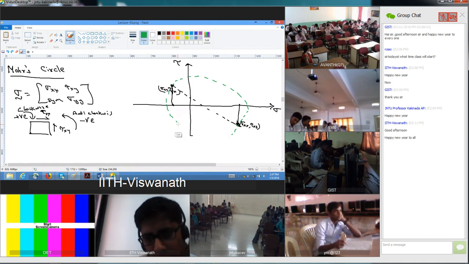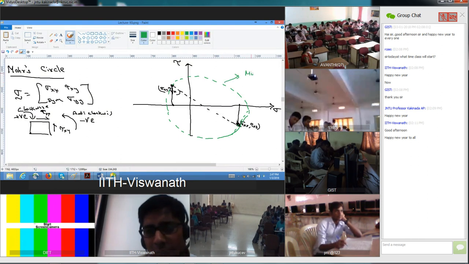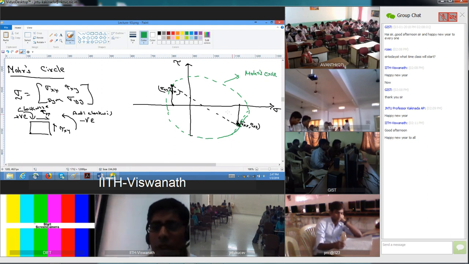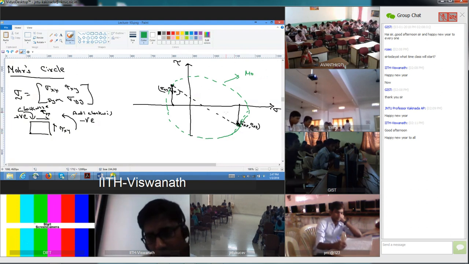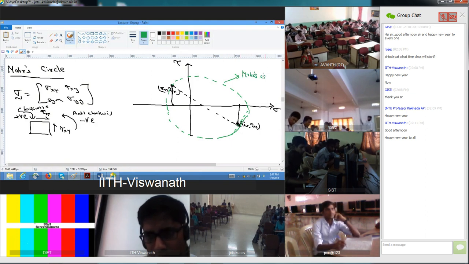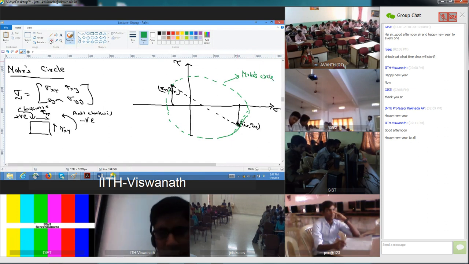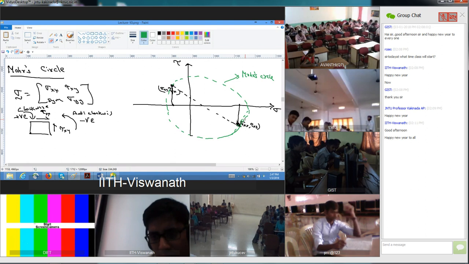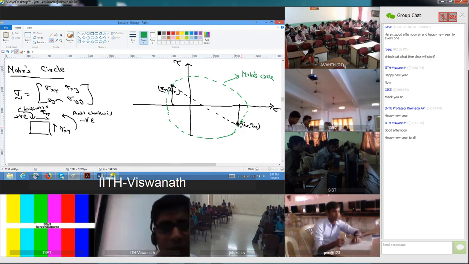If you can draw it simply, using this as the diameter, this is called Mohr's circle. Okay, so you have drawn the things.